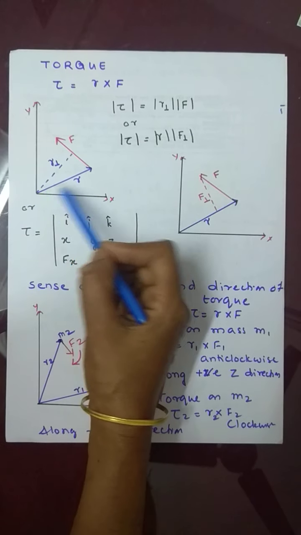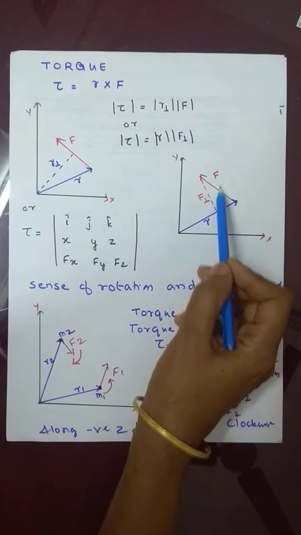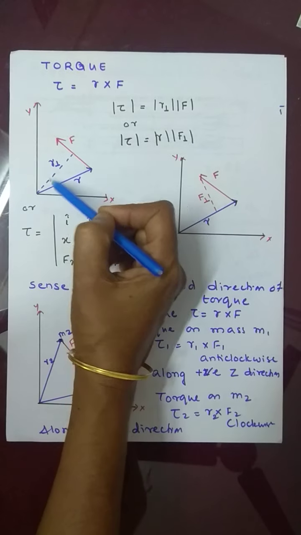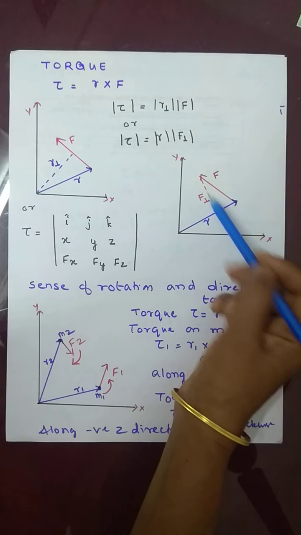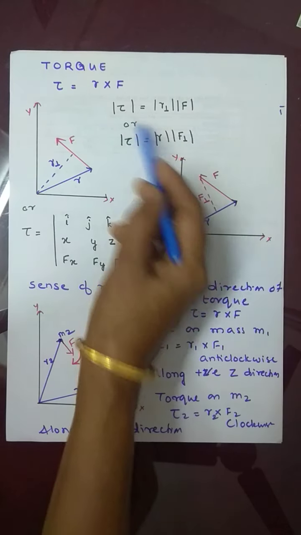So in this case I have drawn r, this is the vector r, this is the force F, this is the same thing. Here I have resolved the position vector component perpendicular to F. Here I have represented force perpendicular to the position vector r. So both will be the same.